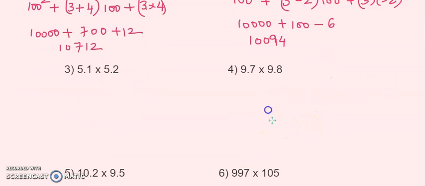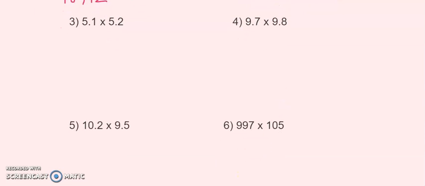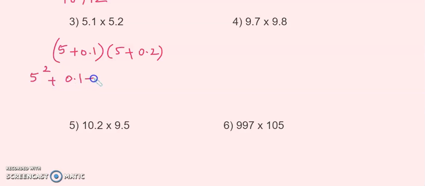Let's take the next. 5.1 is 5 plus 0.1, and 5.2 is 5 plus 0.2. So x in this case is 5, so 5 square. A is 0.1, b is 0.2, so add it, multiply by x, which is 5, plus 0.1 multiplied by 0.2. So let's start.